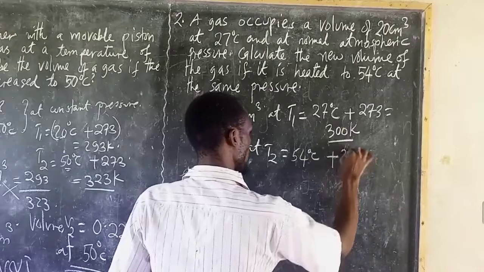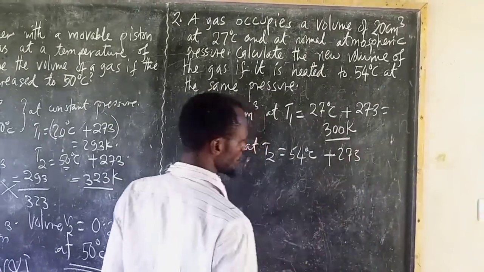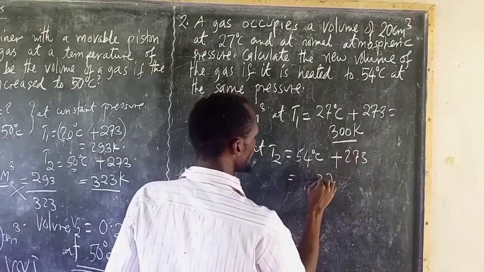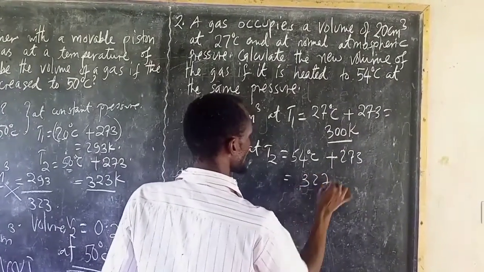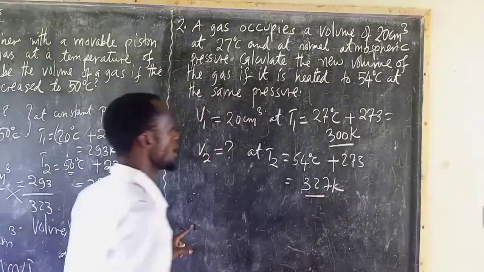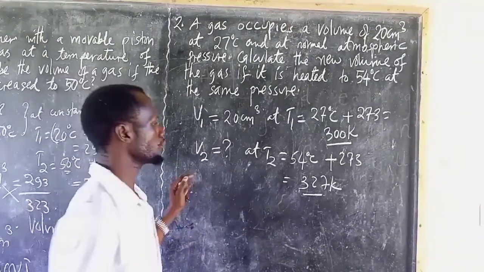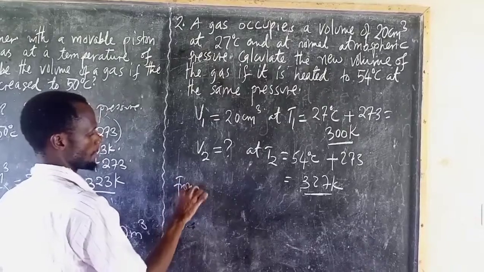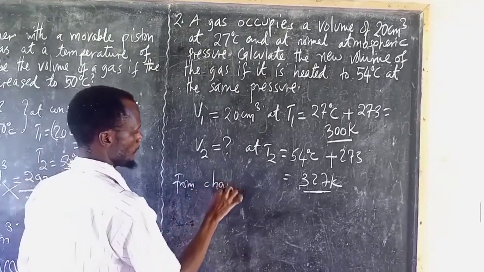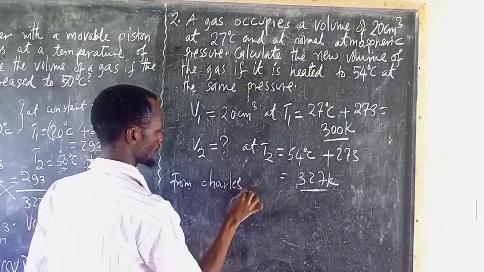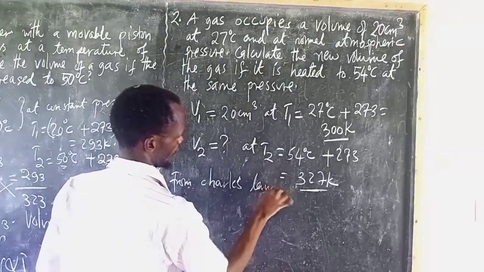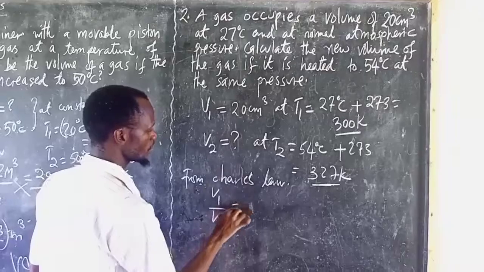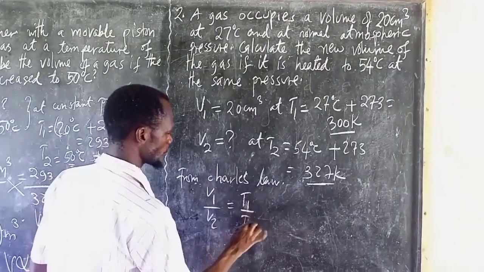Now, you add 273 to obtain Kelvin. That is 327. Therefore, what will be the volume at this temperature? From Charles' law, we know V1 over V2 is equal to T1 over T2.